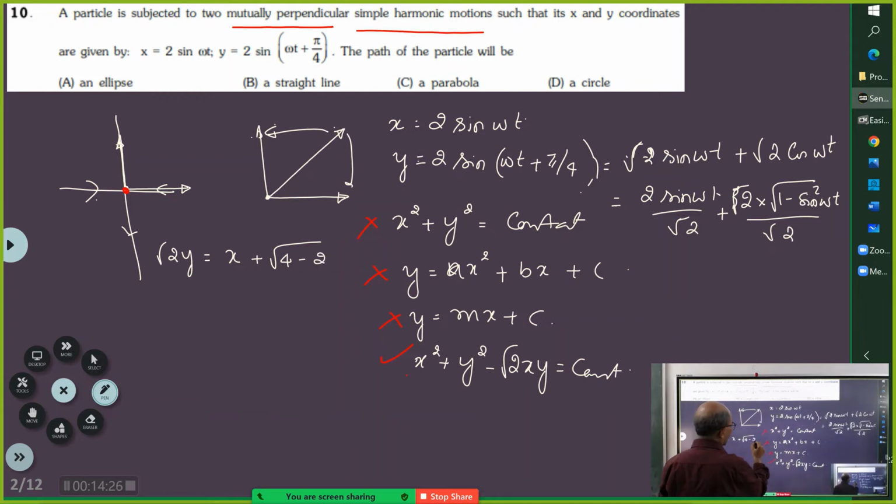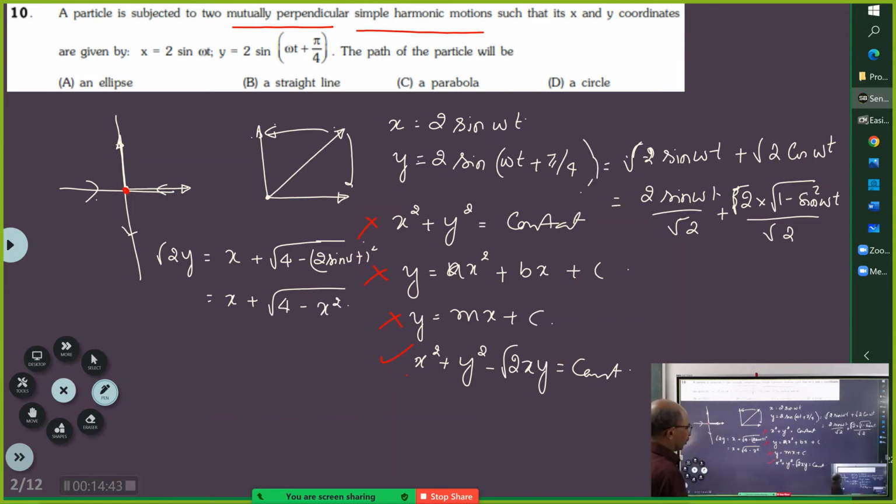Again, sir, we can write 2 sin omega t as x: x plus root of 4 minus x square. Yes, sir. Then you take this x on the left hand side: root 2y minus x, and then you square on both sides.